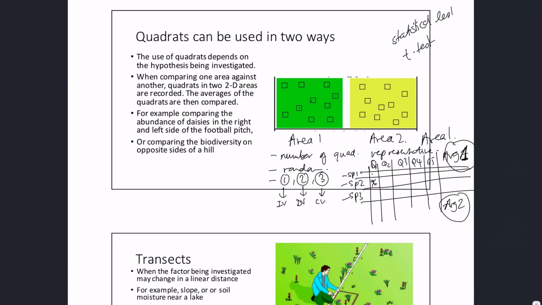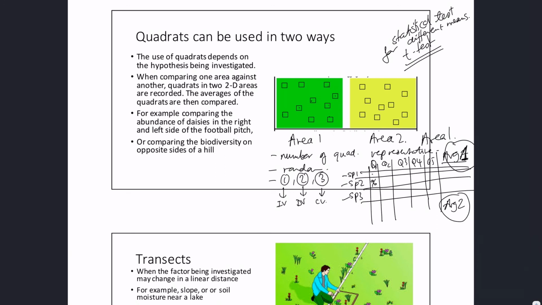A statistical test for different means. So we do a t-test to see if the average of species 1 in area 1 is actually different from the average of species 1 in area 2, and we repeat this for the other things that we want to compare.